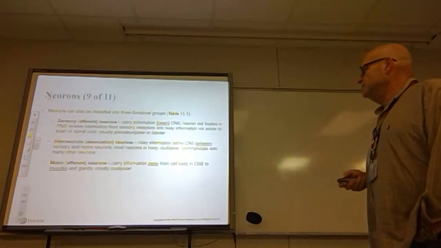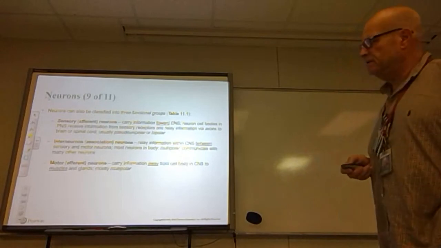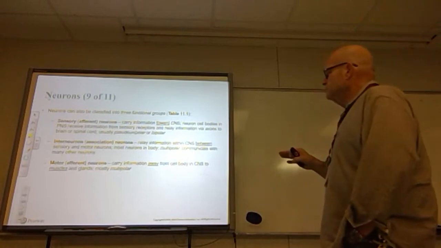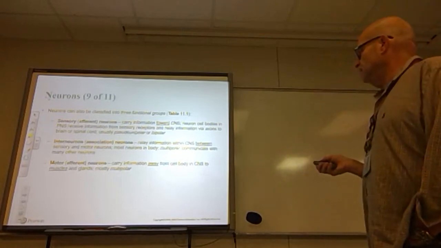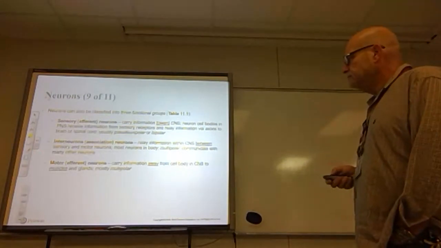Interneurons or association neurons, these are the ones that relay information within the central nervous system between sensory and motor neurons. Most neurons in the body, such as the multipolar, or these are multipolar, communicate with many other neurons.